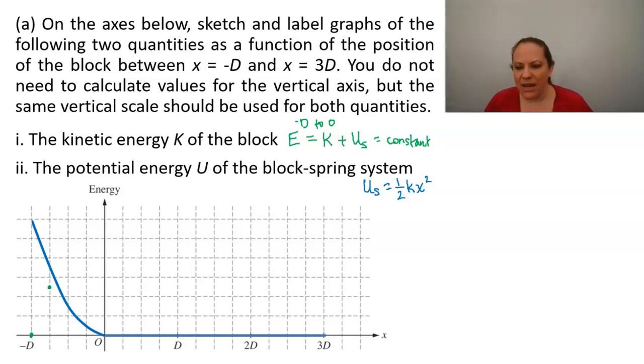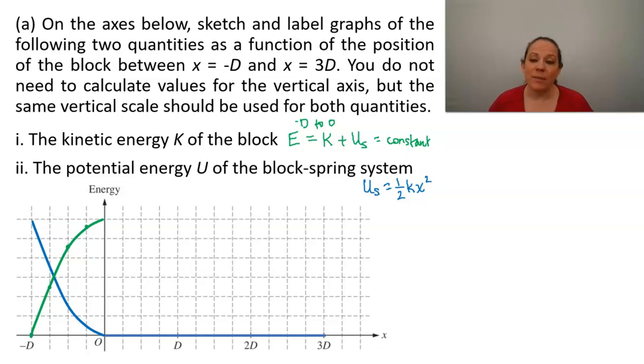When our potential energy is at 1.5 blocks, our kinetic is going to be at 4.5 blocks, again to total 6. And when potential is at half a block, then kinetic is going to be at 5.5. And we can see that we can expect our completed curve to look like this.